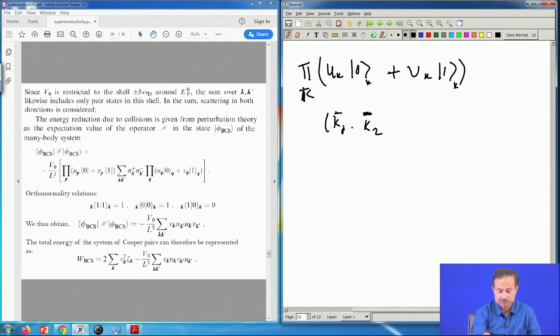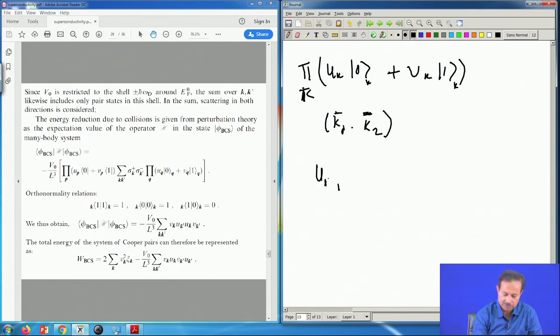So, let me just not write k 1, k 2, just write 1, which means u k 1, to make notation life simple.